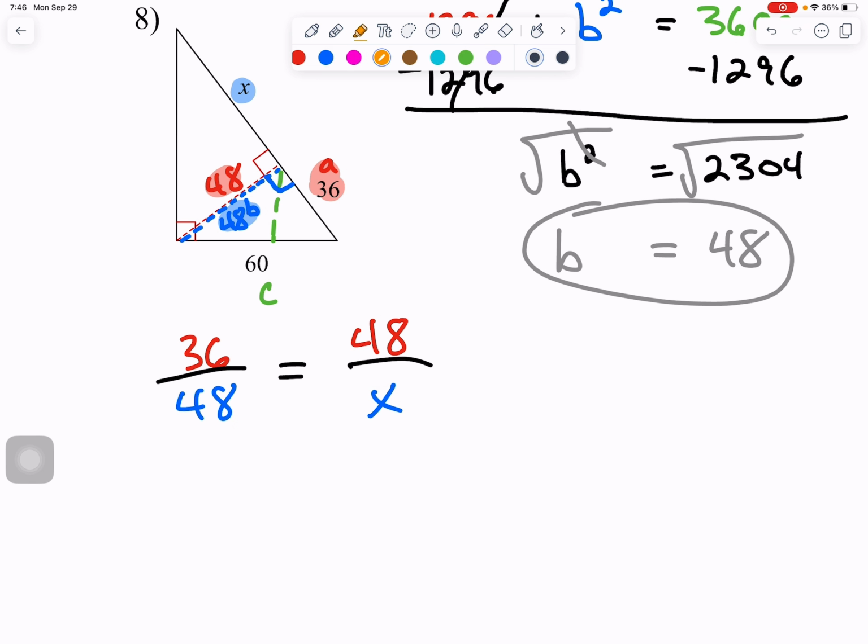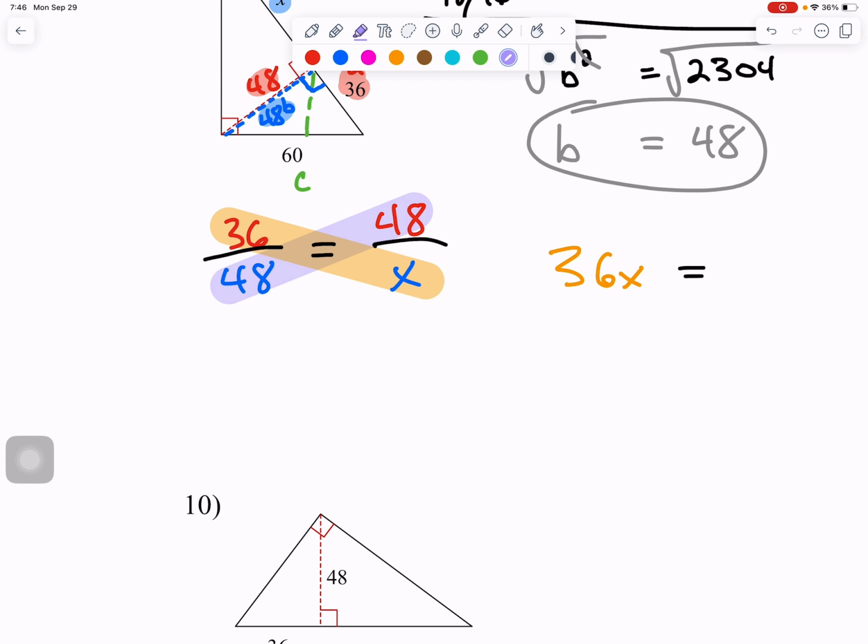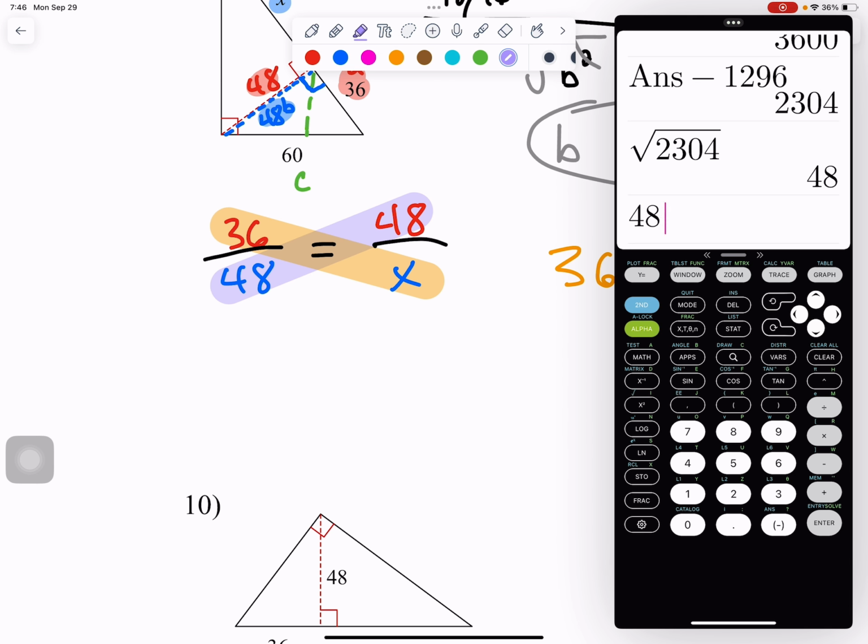And from here, what do we do? We simply cross multiply. I don't like that one. I need to use a bigger one. It's just going to drive me nuts mentally. I know, I'm a little crazy. That's going to equal 36X. We'll set that equal to, let's get the highlighter out, do purple, 48 times 48 or 48 squared. Is that what 2304 is?